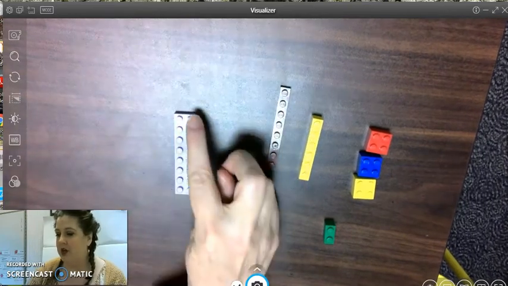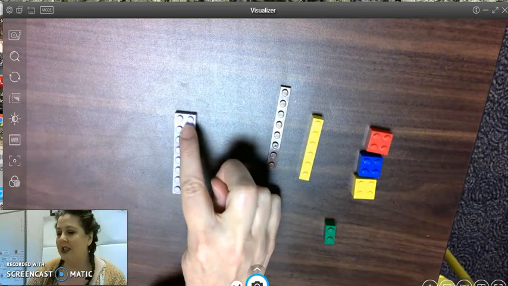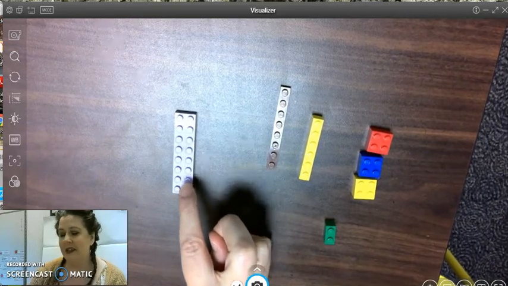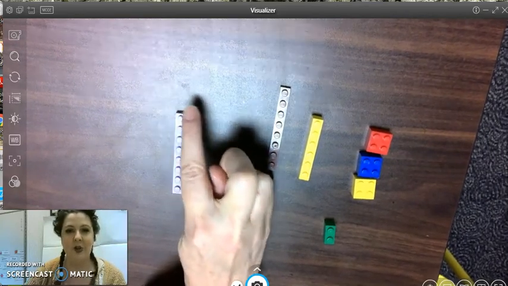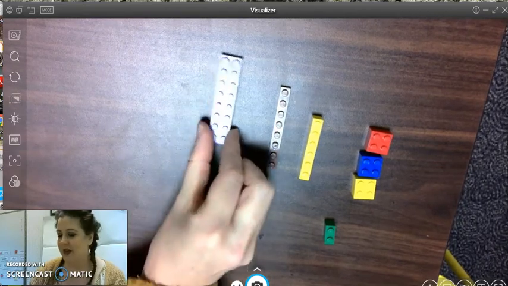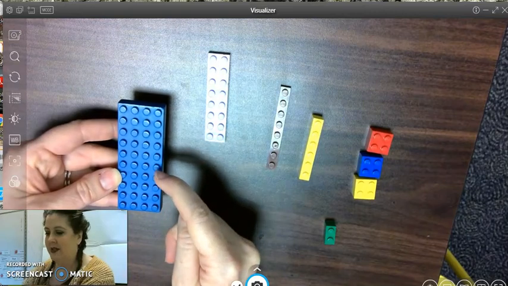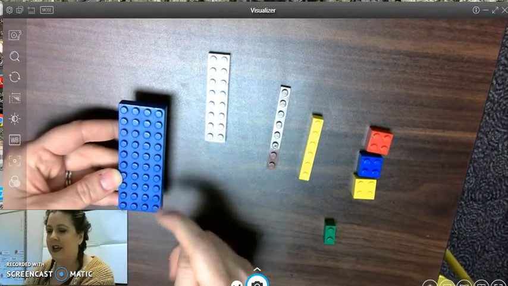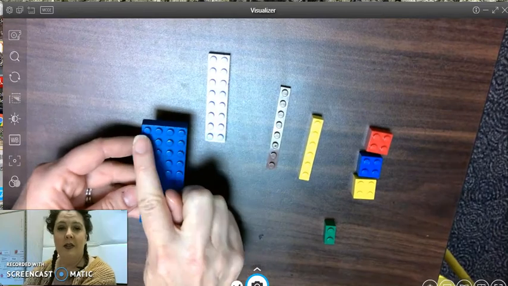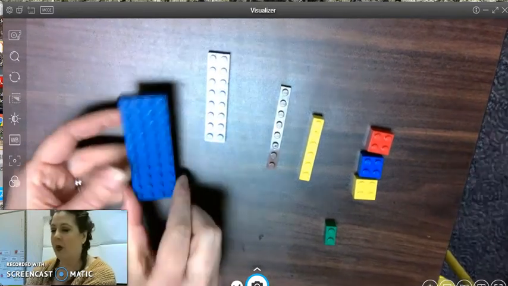I have a 1, 2, 3, 4, 5, 6, 7, 8. So it's a 2 by 8. And then finally I have 1, 2, 3, 4, 5, 6, 7, 8, 9, 10, and 4 across, a 4 by 10 or a 10 by 4.